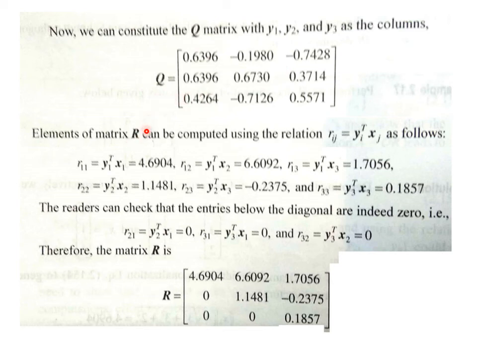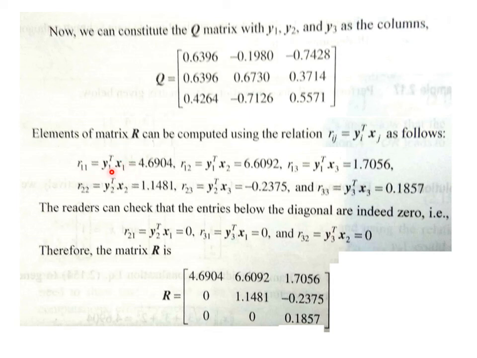R will be a triangular matrix, as you can see there, and it is computed using this formula where Rij is the position of elements, nothing else. Using this formula, R11, R12, R13, R21, R22, R23, R31, R32, R33 are all to be calculated. R11 is y1 transpose into x1.